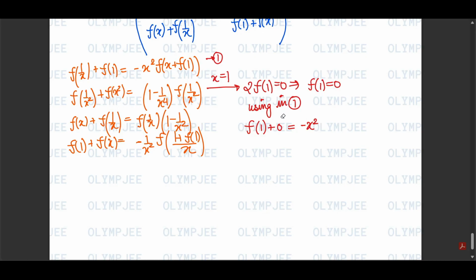Sorry, this was 1 by x. I'm not putting x is equal to 1, I'm taking that f of 1 is equal to 0. So minus x square multiplied by f of x. So this will give us that minus 1 by x square f of 1 by x is equal to f of x. This we will be using later.